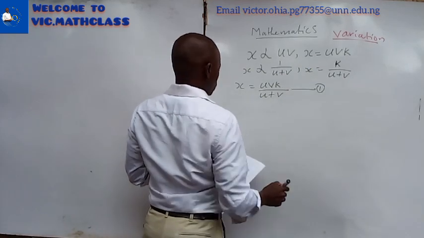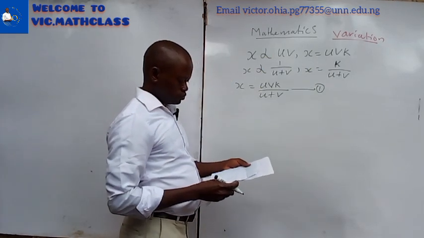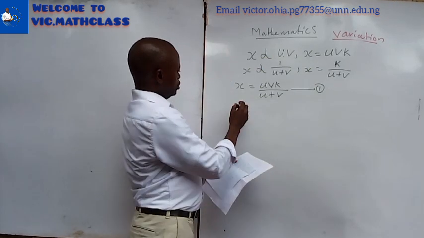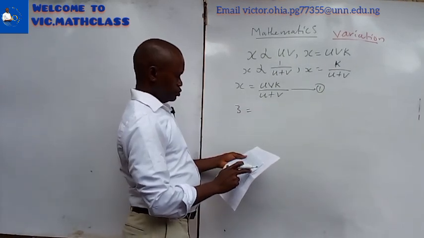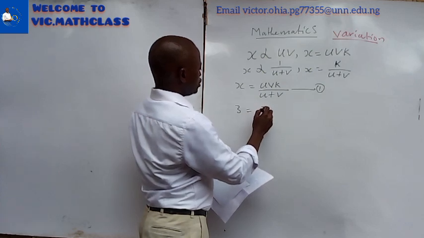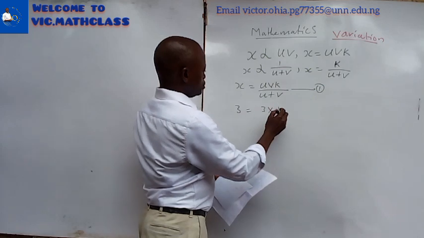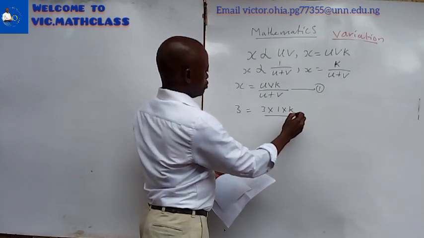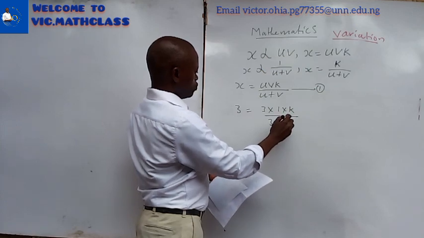So they now gave us some information here that we need to make a substitution. When x is 3, then we have u being 3, so we will have 3 equals 3 times v being 1, times k over u plus v, which is 3 plus 1.